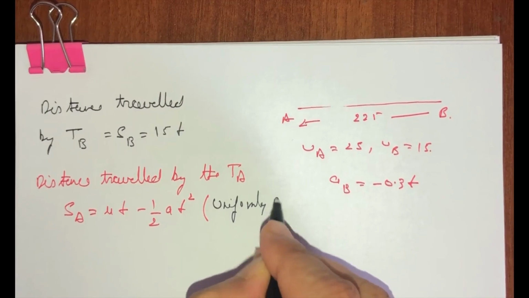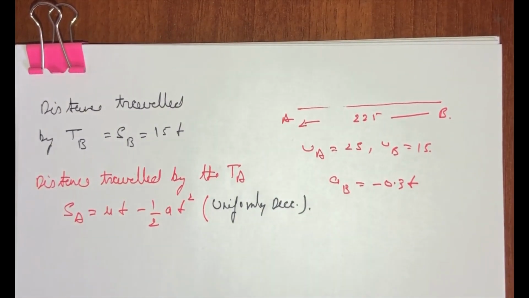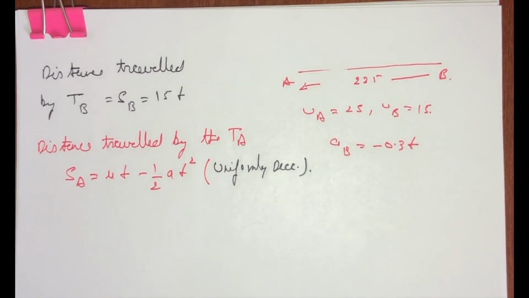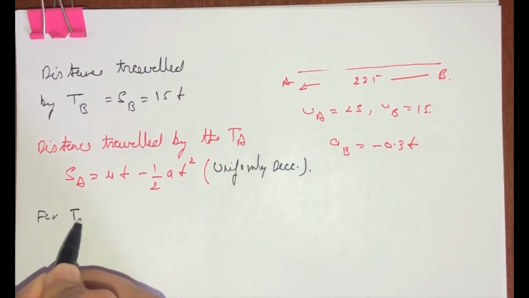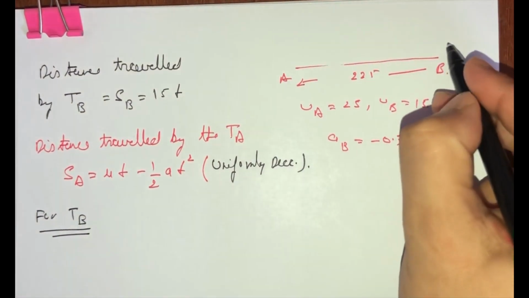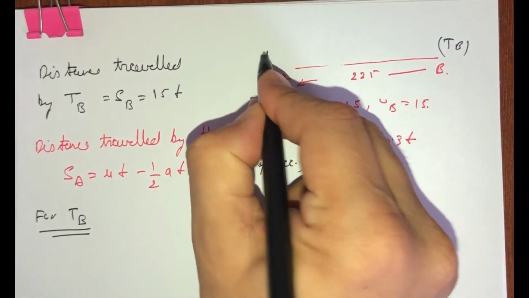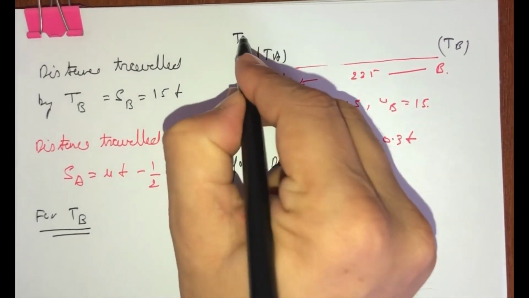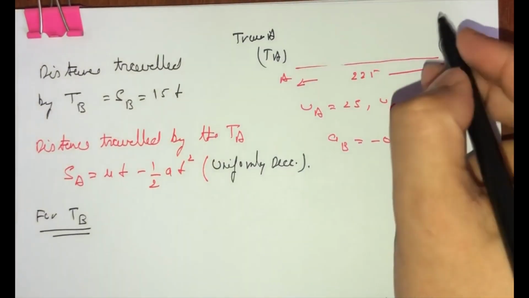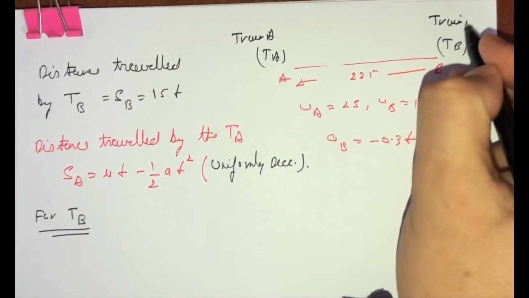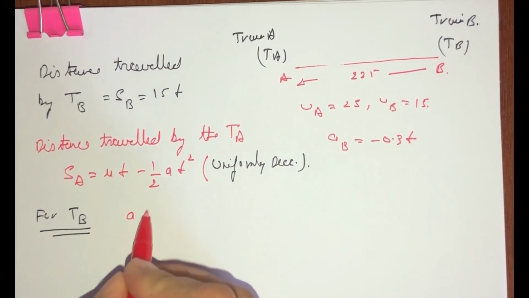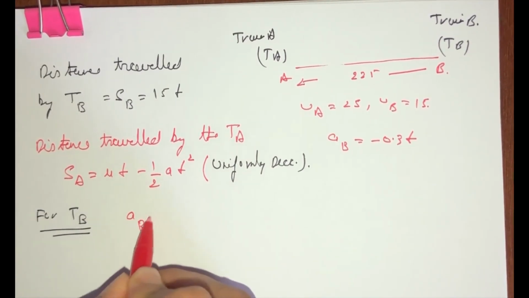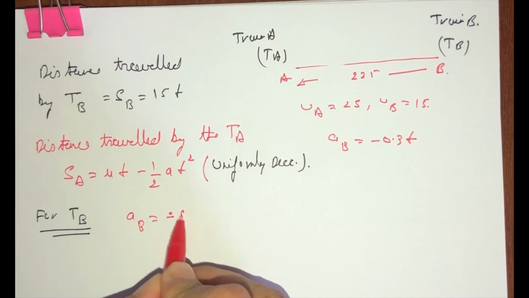Also it is given that for train B, the acceleration of B is equal to minus 0.3 t.